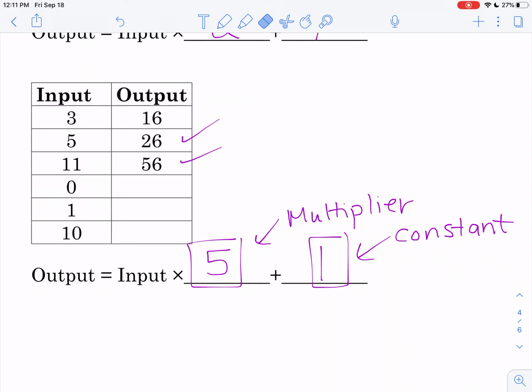So the output is just 1, just the constant. So that's a really important input. Input 0 gives us an output that is the constant. And if you put 1 in, 1 times 5 is 5, plus 1 would be 6, and 10 is the input, times 5 would be 50, plus 1 would be 51 for the output.